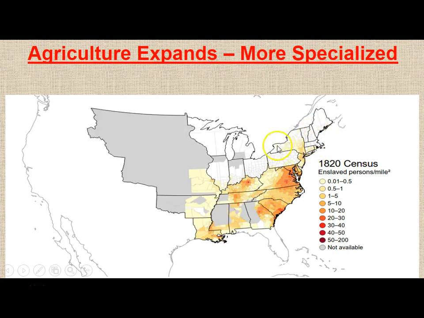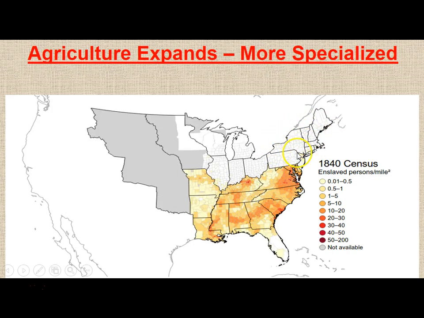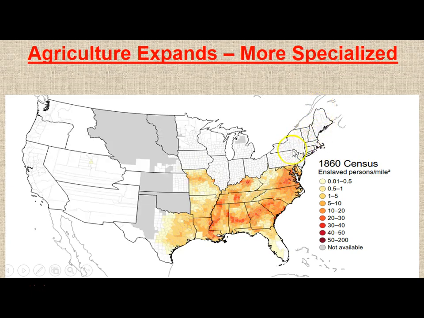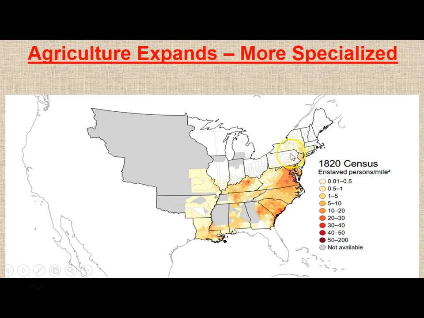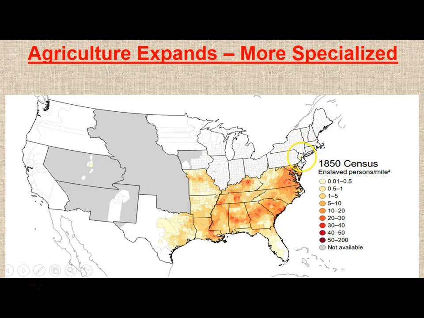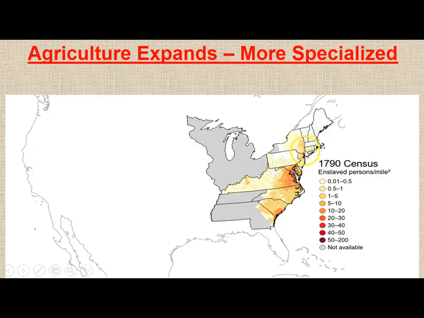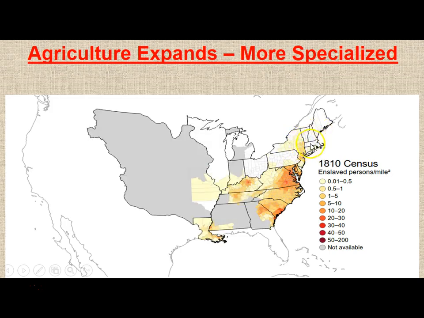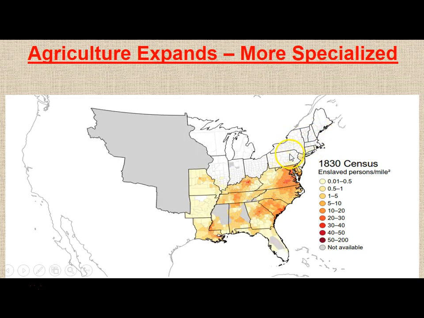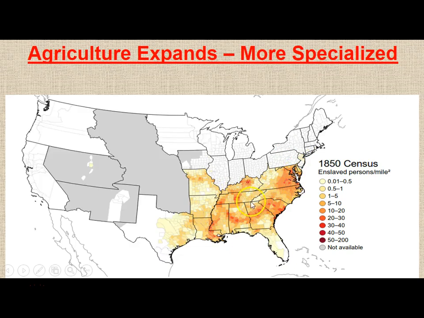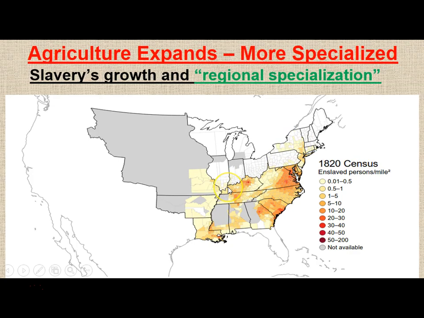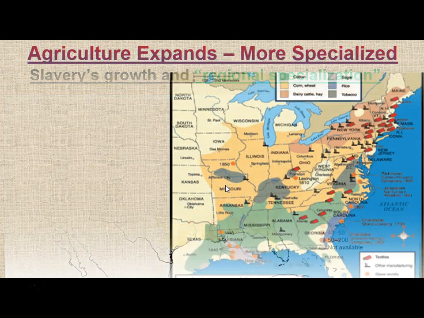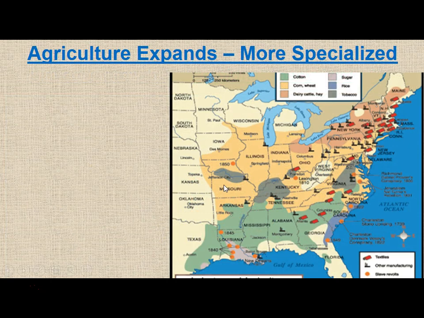If you remember our Democratic Republican ideals that we've talked about before being an impact on why slavery is leaving the Northeast, well, here is another factor: it pretty much dries completely out, and it's just economically not needed or viable or necessary as a major factor. In the South, it continues to grow because of the cotton gin. Thank you, Eli Whitney. So slavery's growth and regional specialization are exacerbated by the cotton gin.